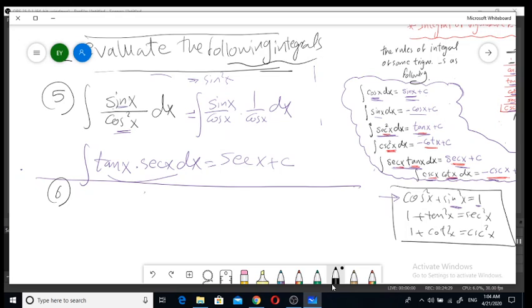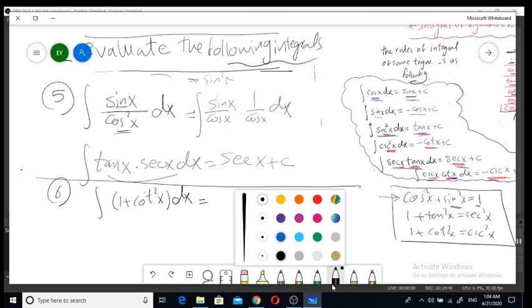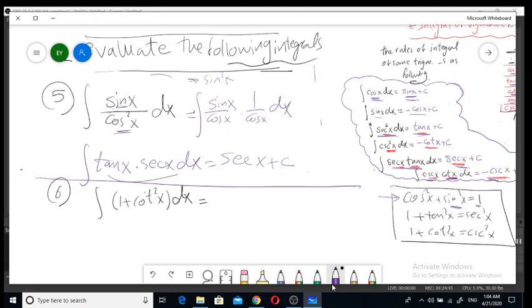Problem 6. We need to integrate 1 plus cotan squared x with respect to x. 1 plus cotan squared x. We don't have the integral of cotan squared x, so we have to use the trigonometric relations to simplify the expression. 1 plus cotan squared x is equal to cosec squared x, and the integral of cosec squared x is negative cotan x.